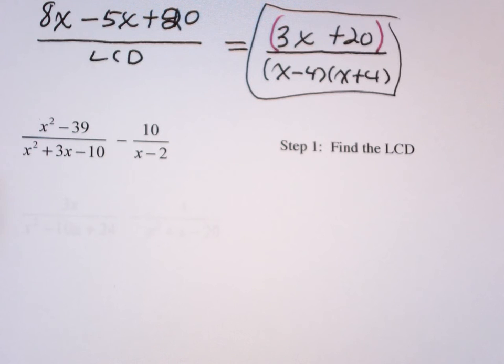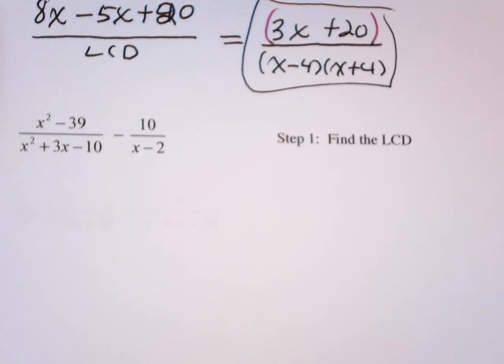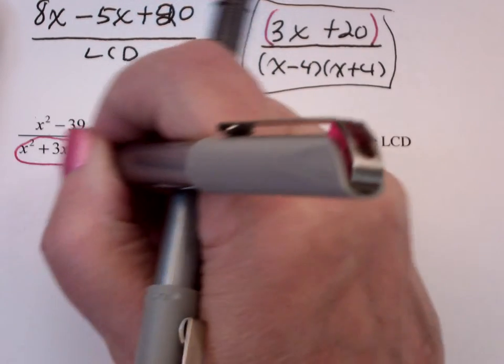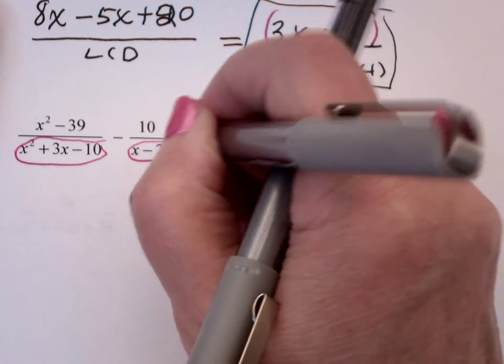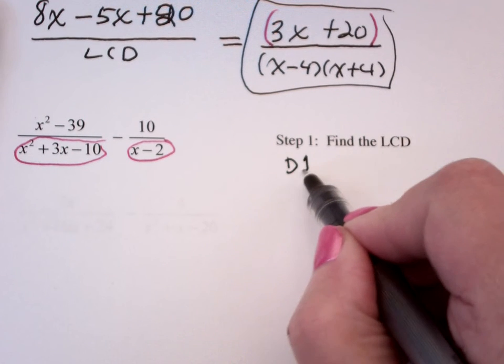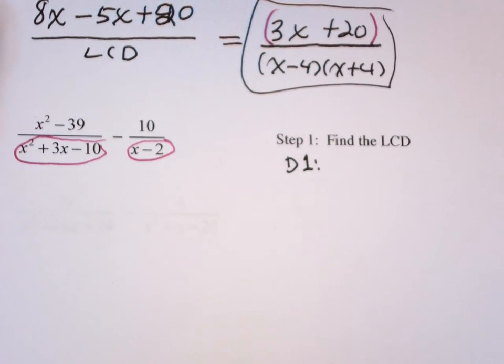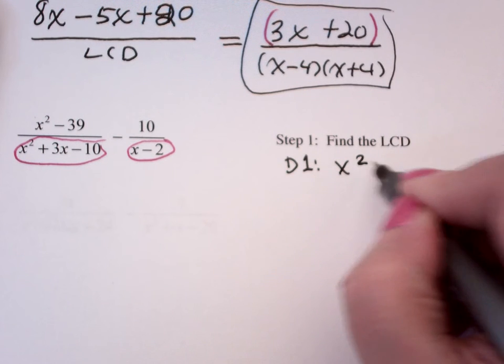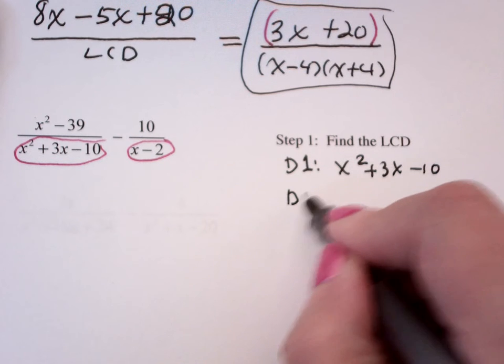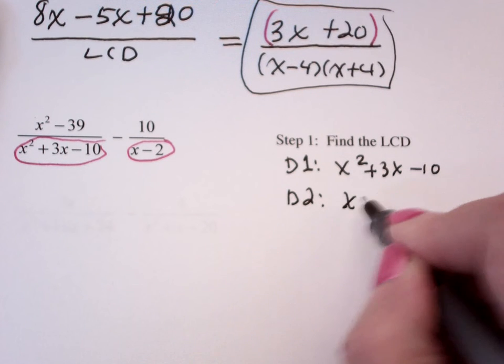Find the LCD, because I notice no matter how you look at it, these two things are not the same. So dem 1 is x squared plus 3x minus 10, and dem 2 is just x minus 2.